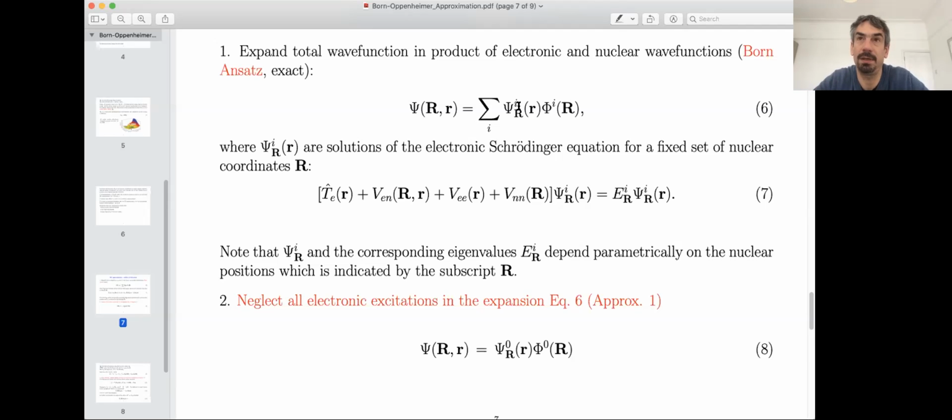And as the electrons and nuclei move in time, the probability that the system transits from the electronic ground state to the first excited state is usually very small. And this probability you can calculate.